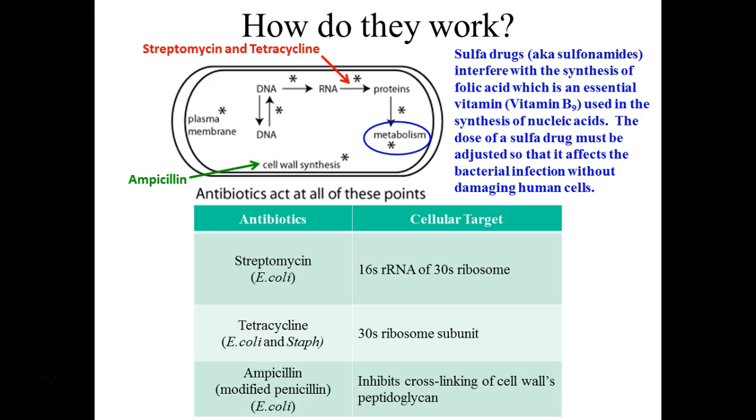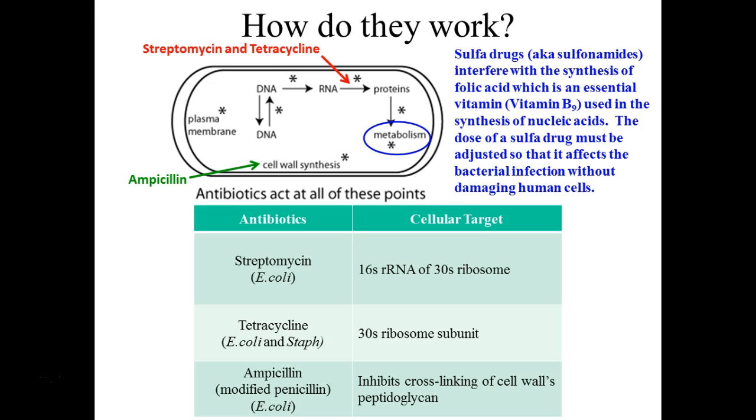Sulfa drugs interfere with a particular metabolic pathway that we don't have. It's the formation of folic acid, which is needed for your B9 synthesis, which is necessary to make the enzymes for DNA replication, right?